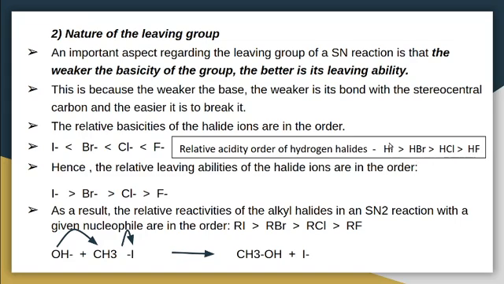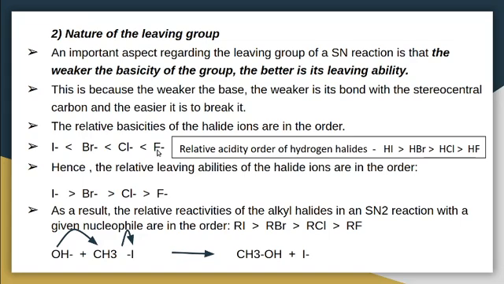So the conjugate base of HI, that is I minus, is very weak. So I minus is a very weak base when compared to the other halide ions. So fluoride ion is the strong base.